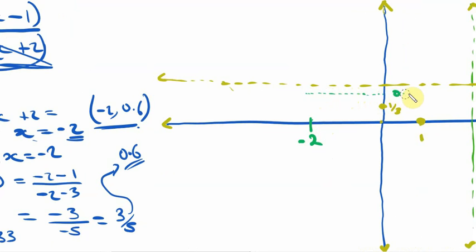Let's say this is 0.6. So there's a hole there.